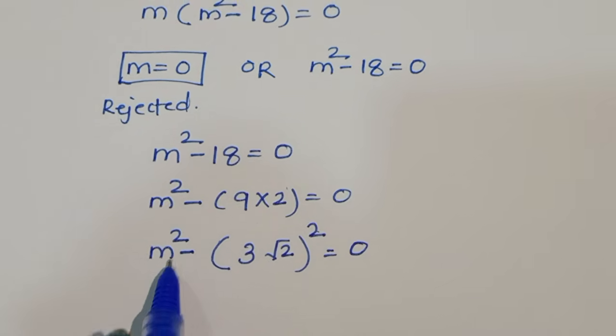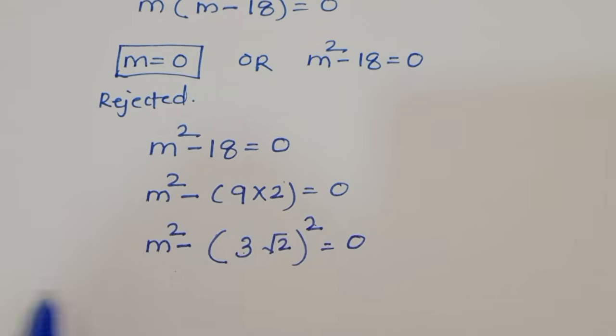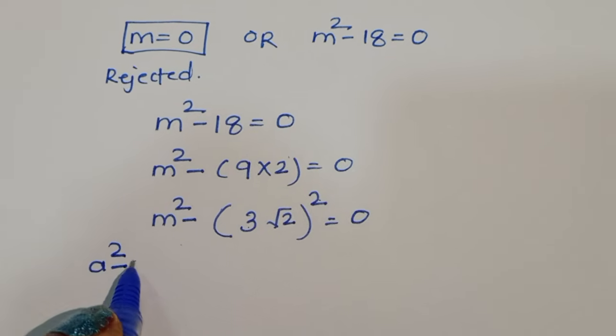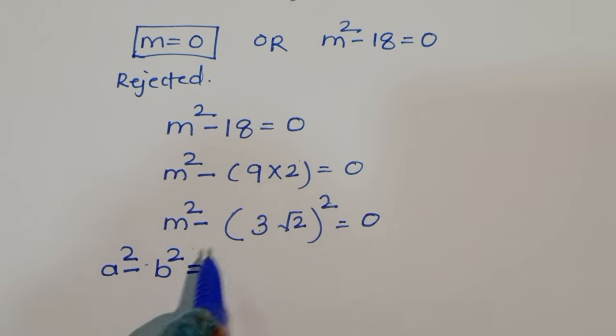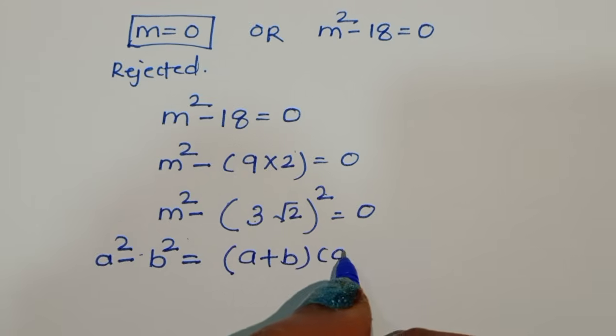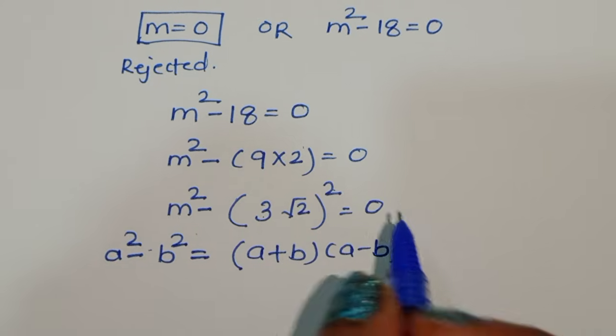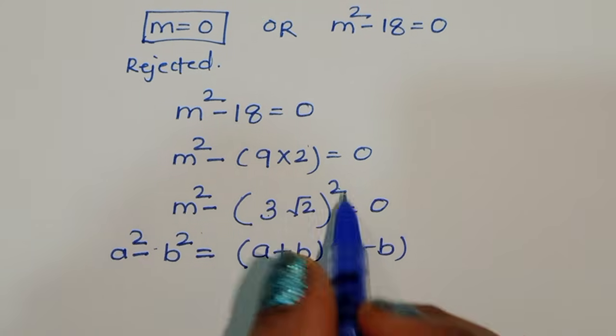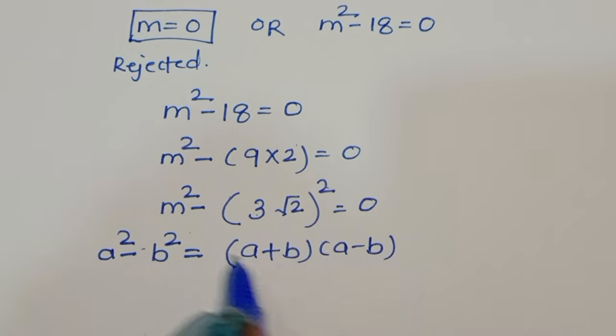Now this is the form of a square minus b square. The formula is a square minus b square is equal to a plus b times a minus b. Now we substitute the values in this formula.